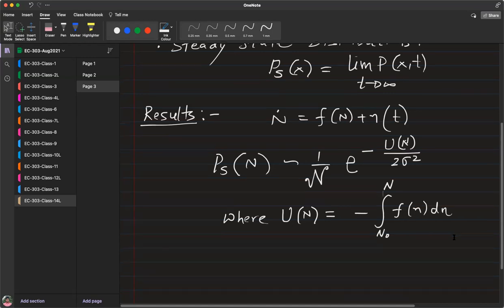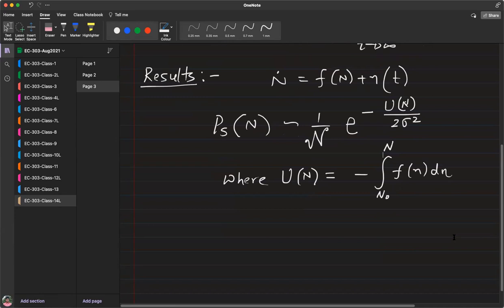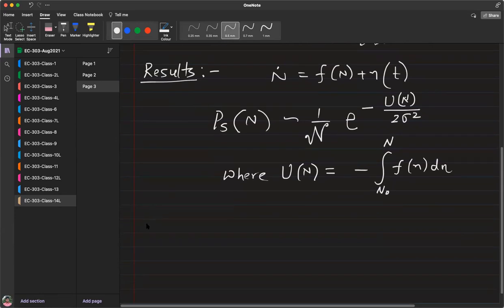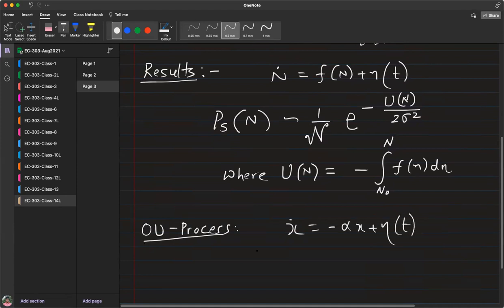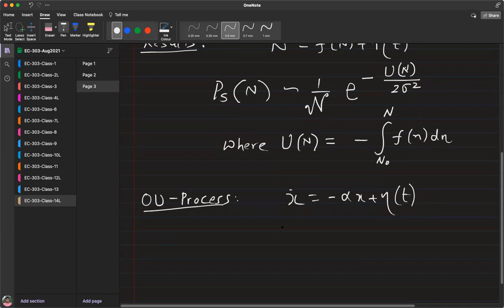Let us understand this with an example to make sense of this. Let us take the example of the OU process. What is the OU process? It's just this. What will be u of x for this? What's the potential? It's basically minus the integral of minus alpha y dy, and we did this last time.